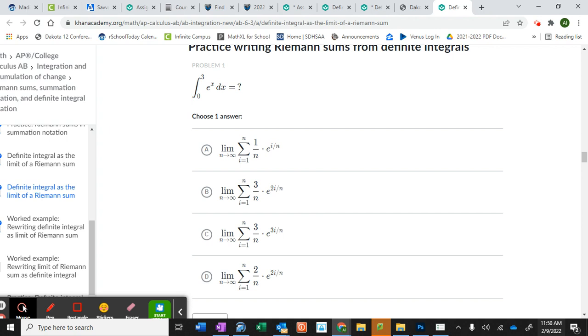So what does this calculate out to be? 3I over n. So you plug it into the function. What's our function? E to the x. So the 3I over n goes in for the x of e to the x times the width of 3 over n.